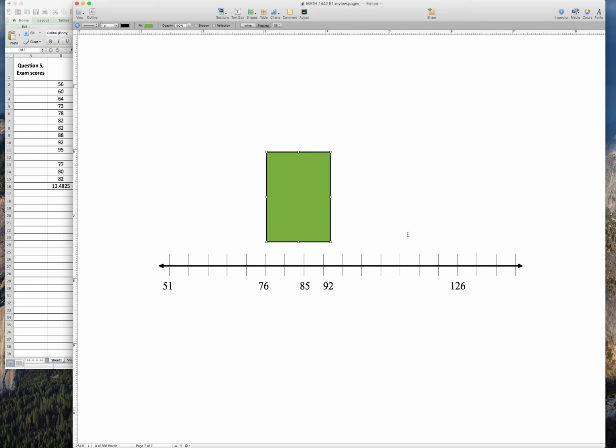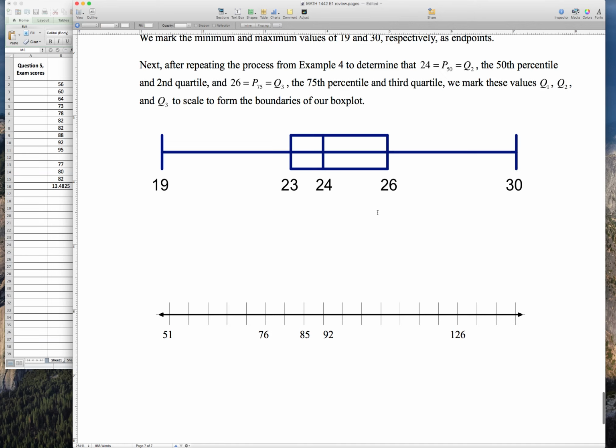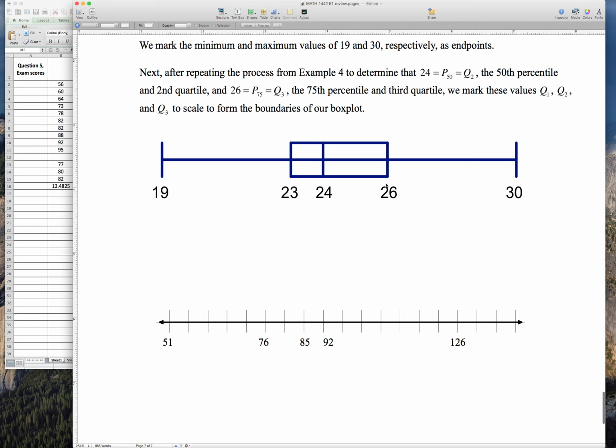But anyway, that's what I want to do. Find those values on a number line and do it to scale. Choose your scale so that they're not all bunched together or way spread out, that they are actually on a scale just as if you had a ruler. And then draw your little square, or your rectangle like you do here. Make sure you put a mark for each of the quartiles. And there you go. There's your box plot.